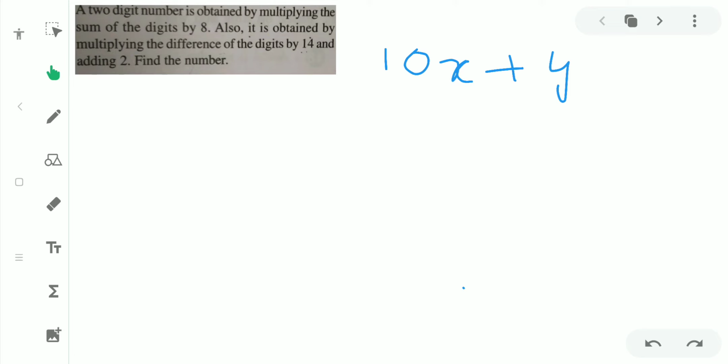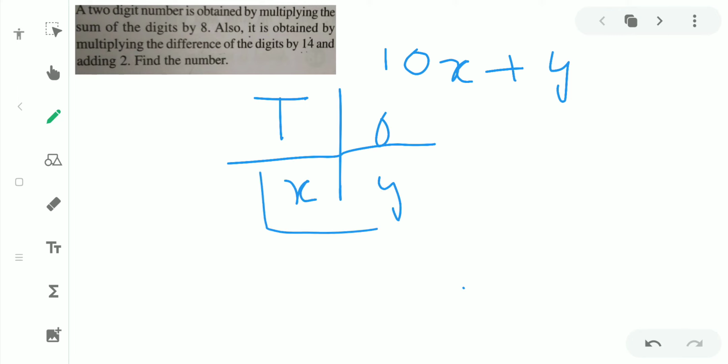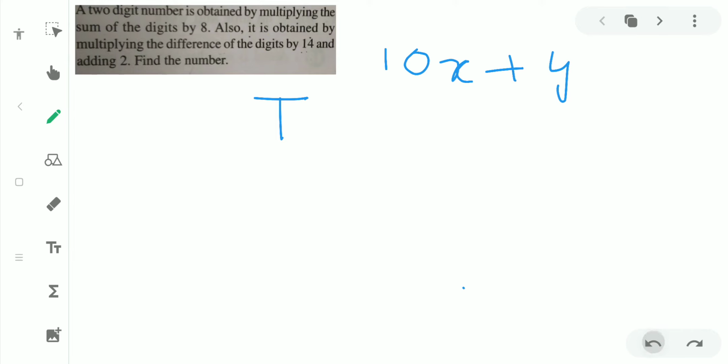So our 10x plus y is obtained by multiplying with 8. If we consider only the digits, they are x and y. In the question, if it is given only digits, it is x and y, and if it is given as a number, we should write 10x plus y. So keep this in mind.